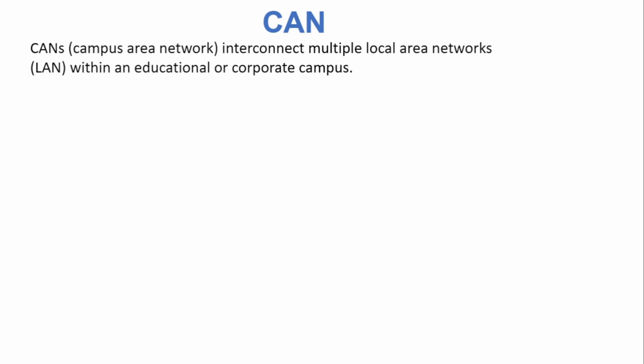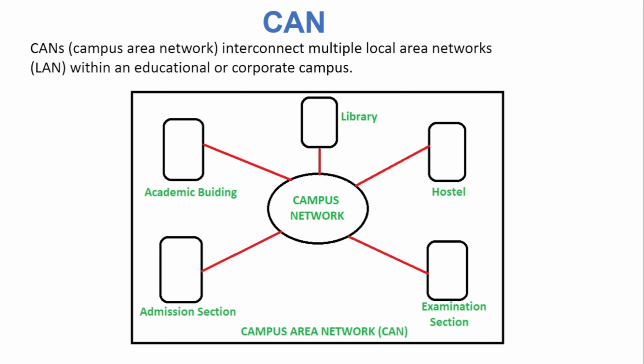CAN, or campus area network, interconnects multiple local area networks within an educational or corporate campus. This is an example of a CAN. A CAN can be a university having different departments or buildings inside the university.